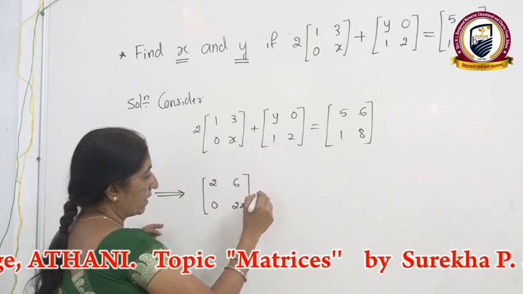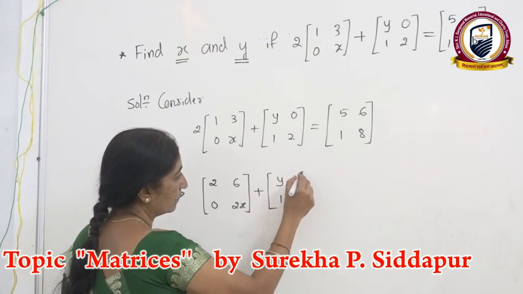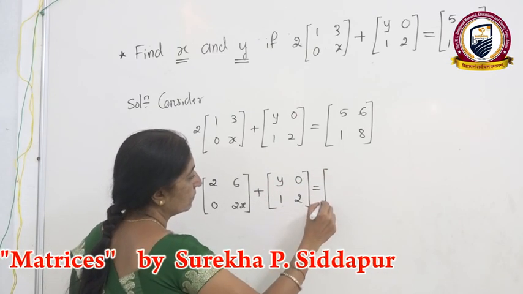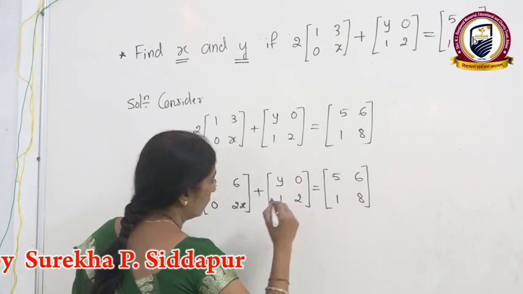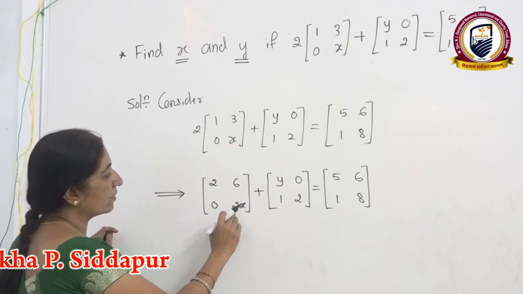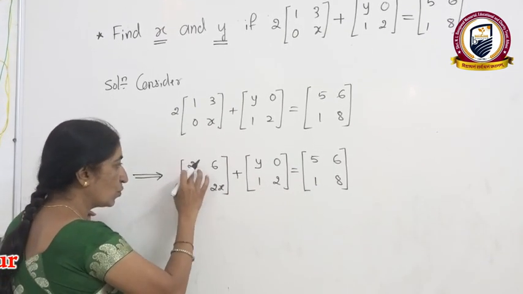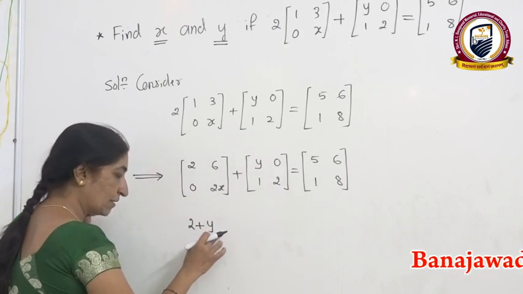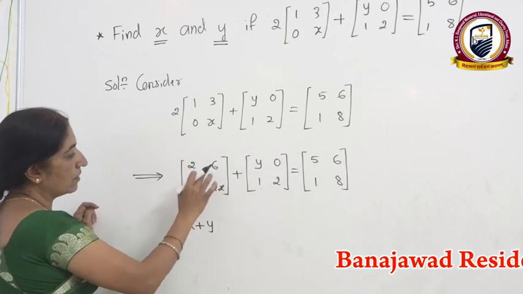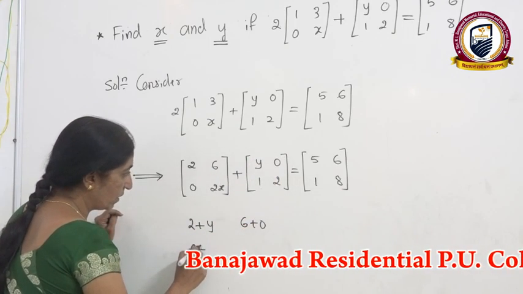Then the next two matrices as it is. Then what you are doing for the next one? Here we are adding the corresponding elements. First element 2 plus y. One is a number, one is an algebraic expression, so keep as it is. 6 plus 0. 0 plus 1.